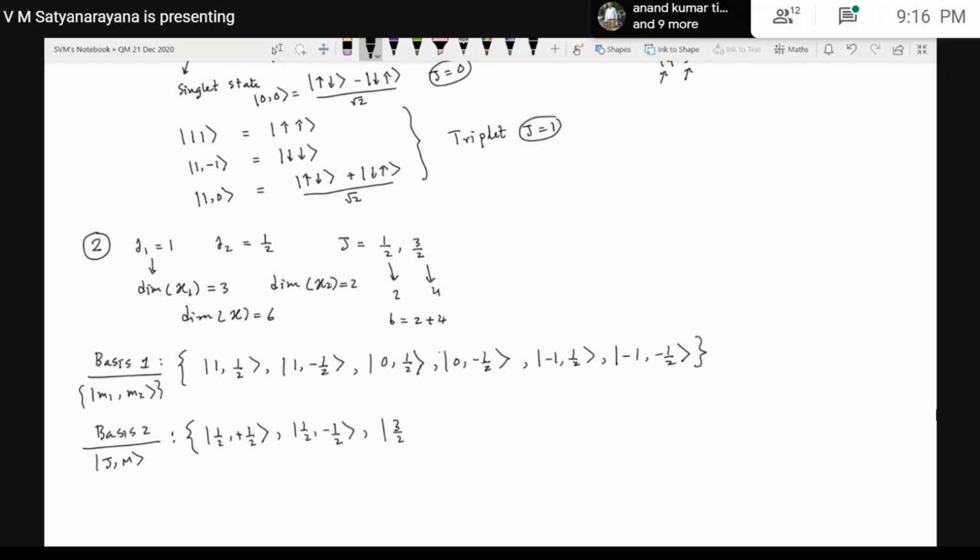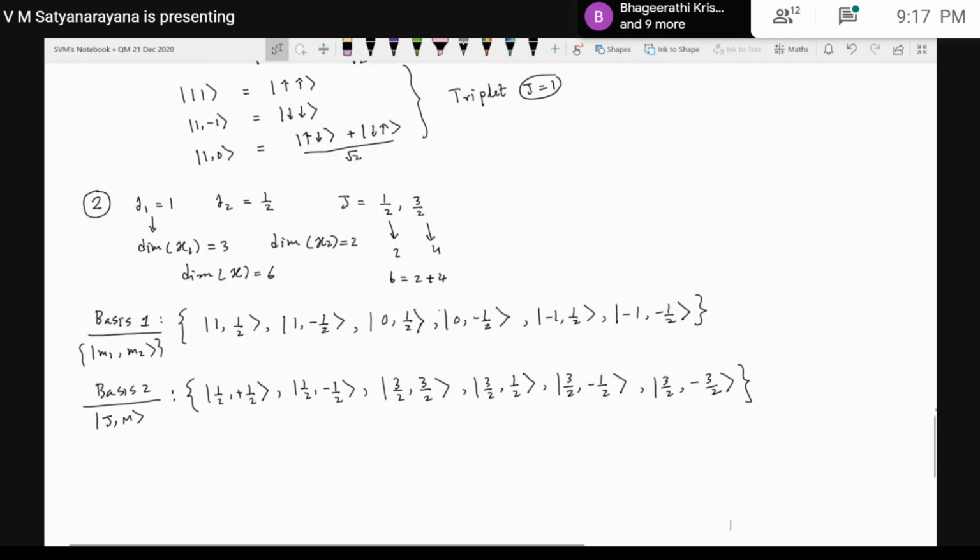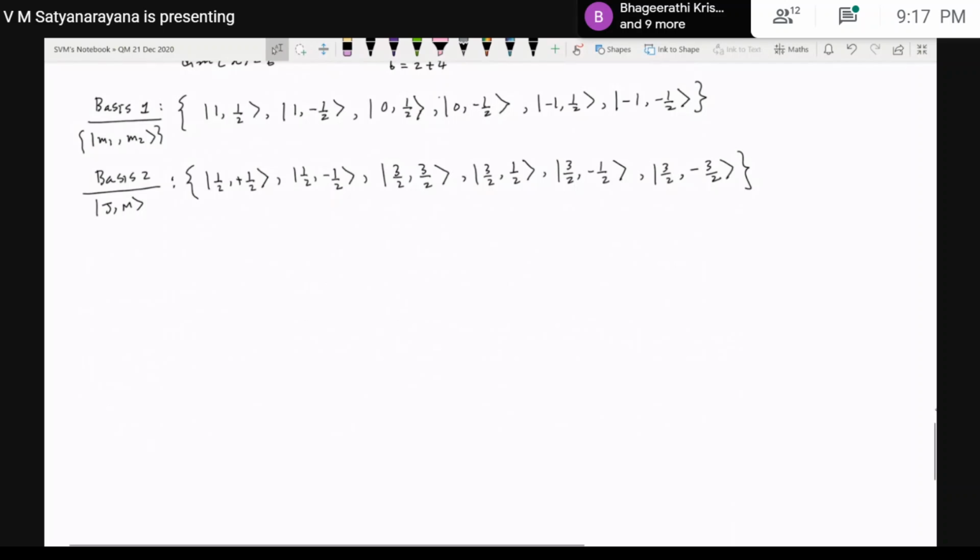Otherwise, capital J 3 by 2, M as 3 by 2; capital J 3 by 2, M as 1 by 2; capital J 3 by 2, M as minus half; and capital J 3 by 2, capital M as minus 3 by 2. So these are the 6 states associated with the JM basis. Now, like in the previous case, we can simplify our analysis by drawing this graph.